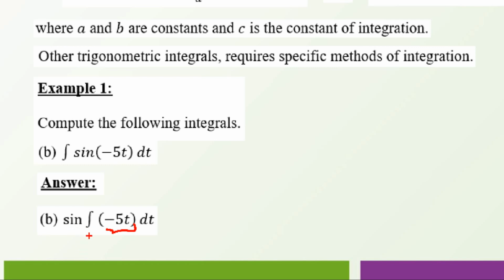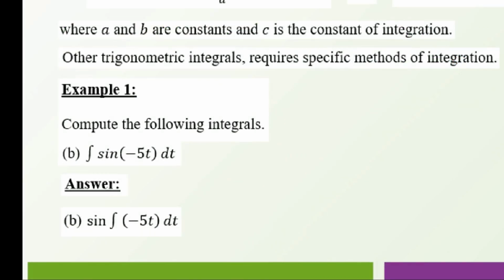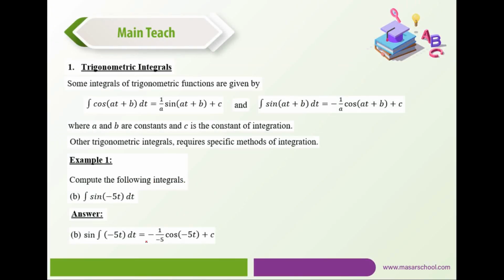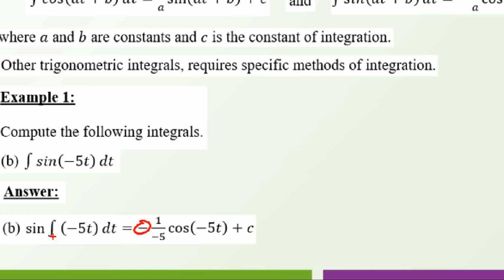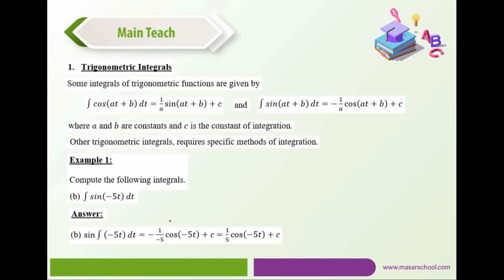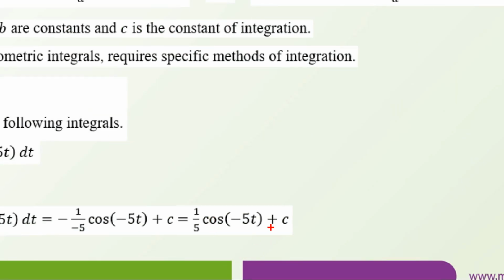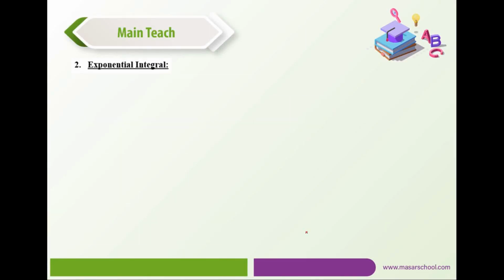This should be written as the integral of sine(-5t) dt, and the integral of sine would give us minus cosine. The first negative is because we're going from sine to cosine, and the other negative is due to the derivative of the inner function. Negative and negative cancel, and the result would be 1/5 cosine(-5t) plus constant.